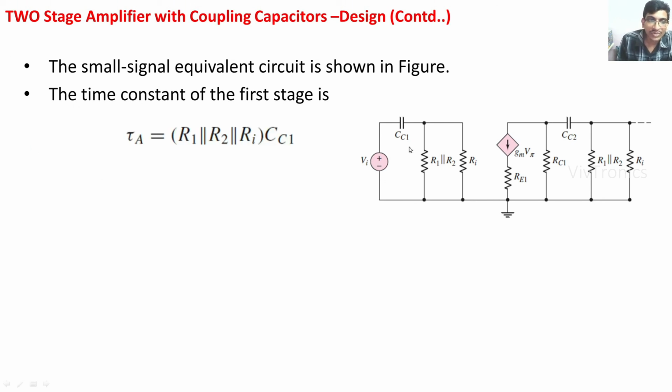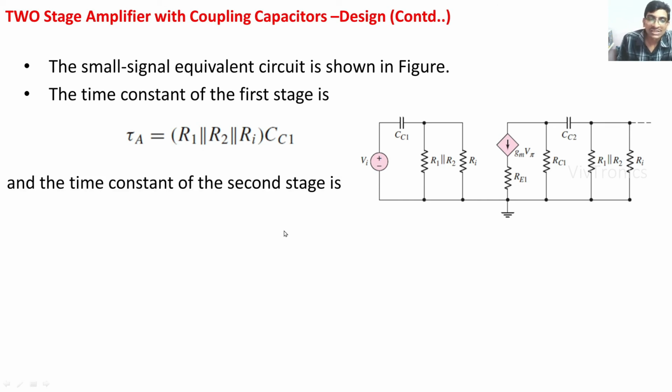The time constant for the first stage is given by tau A, which is equal to resistance times capacitance. At the input side, CC1 is the capacitance, which gets multiplied with the parallel combination of R1, R2 and Ri. Therefore, tau A is equal to R1 parallel R2 parallel Ri times CC1.